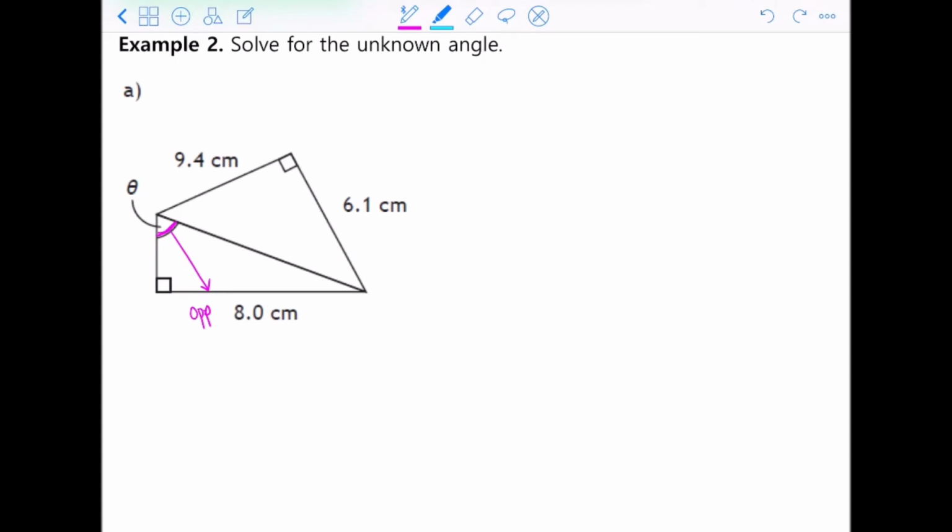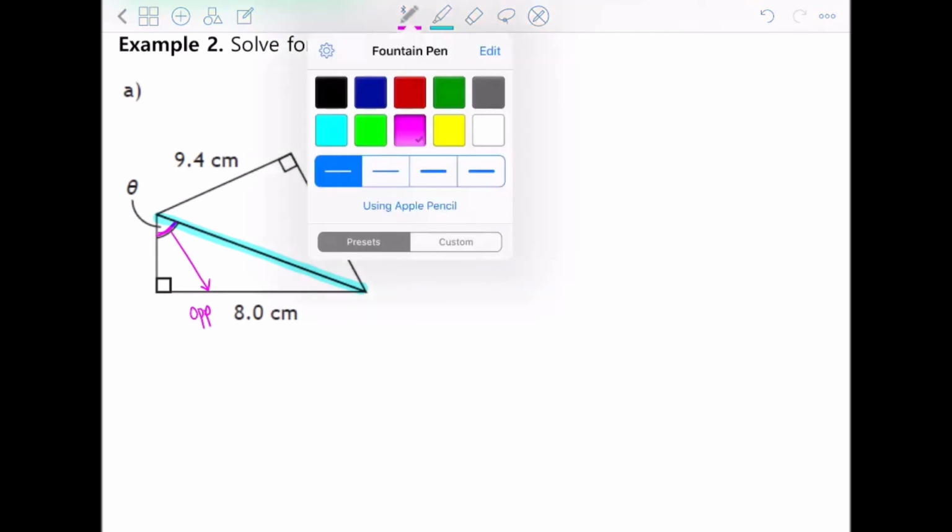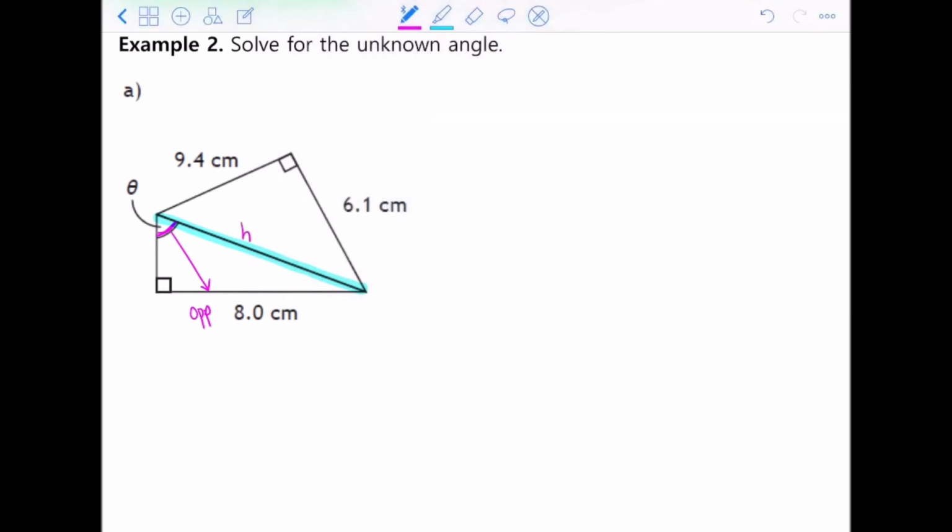Basically, in order for us to solve for theta, we do need to find the shared side. The shared side of two triangles, pretty much this. This is the hypotenuse of the first triangle, and also the hypotenuse of the second triangle. So I'm just going to label it as H. H here. So once we find that, we can actually solve for theta.